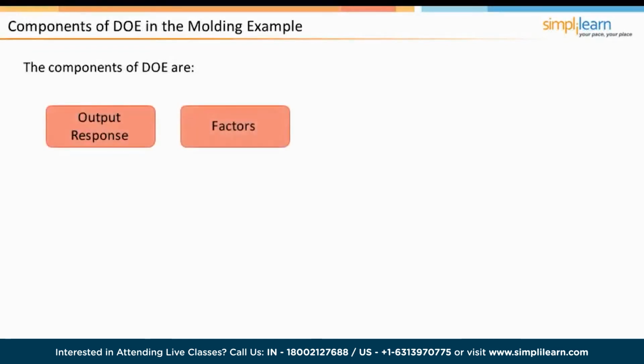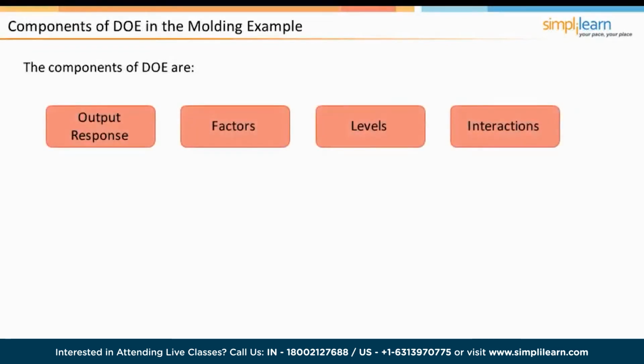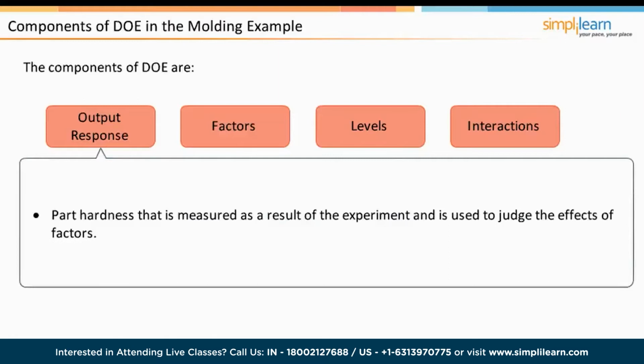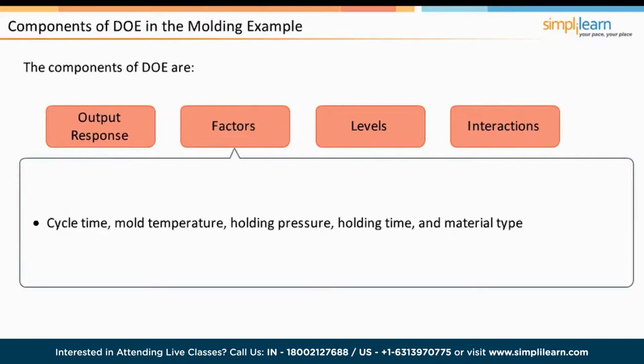Output response, factors, levels, and interactions are the components of the DOE in the given example. Click each component to learn more. The response variable is the part hardness and is measured as a result of the experiment and is used to judge the effects of factors.